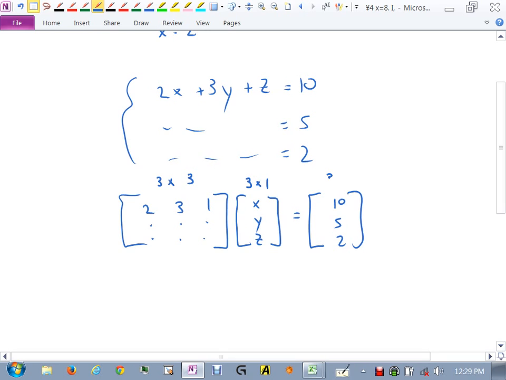The result of that is a 3 by 1 answer. So the way that I could get to this answer of what x, y, and z are is to multiply both sides of this equation by the opposite of this, which is called the inverse matrix.